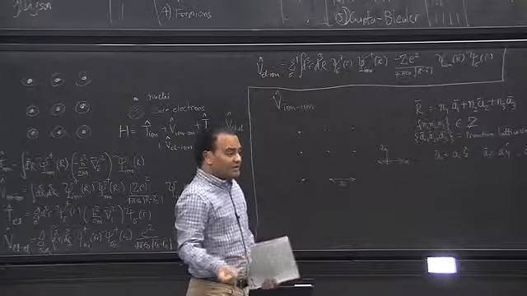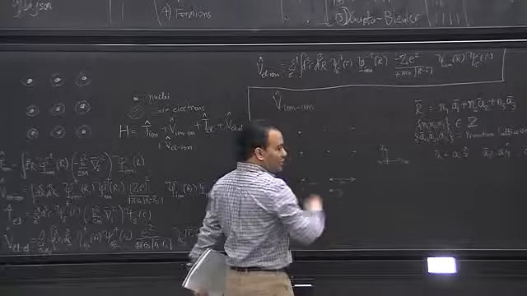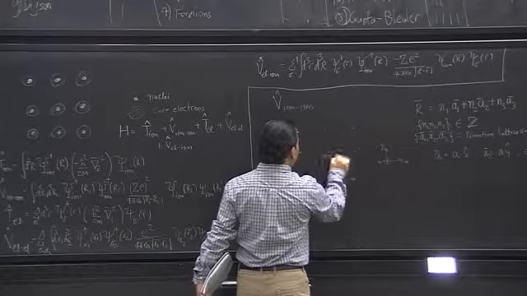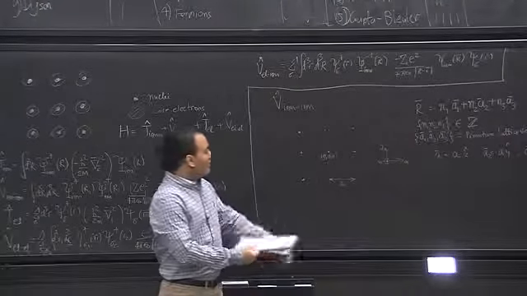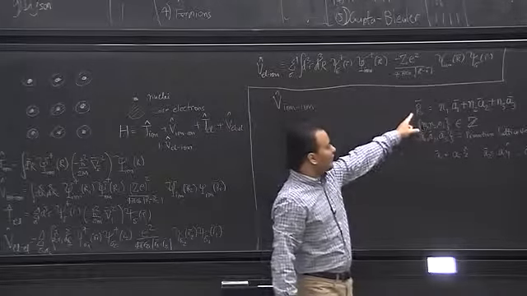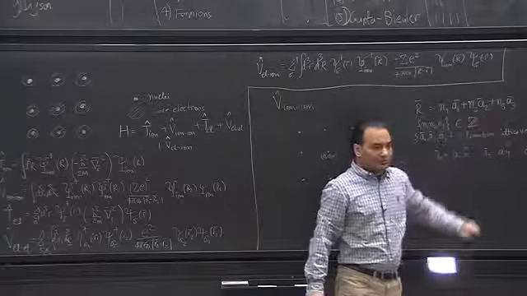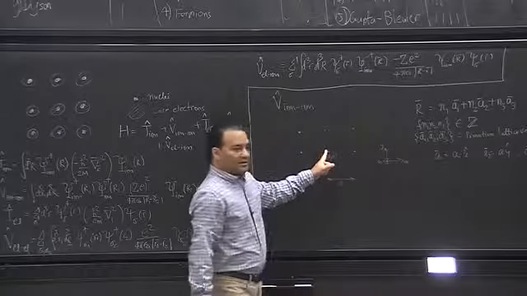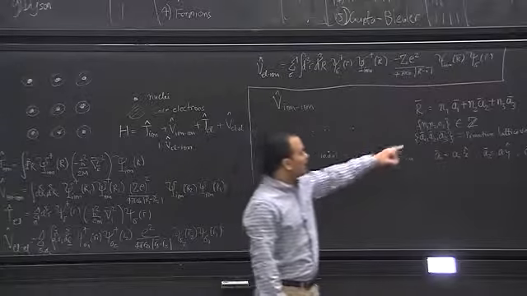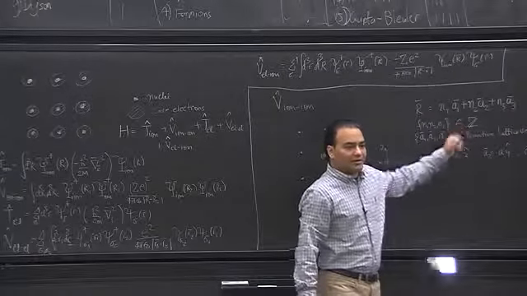Let's choose origin to be at one of these points. Let's say this one. Now you can see that, so this is our origin. With this being origin, which corresponds to one choice of R, which is 0, 0, 0, you can access any of the points by a choice of n1, n2, n3.